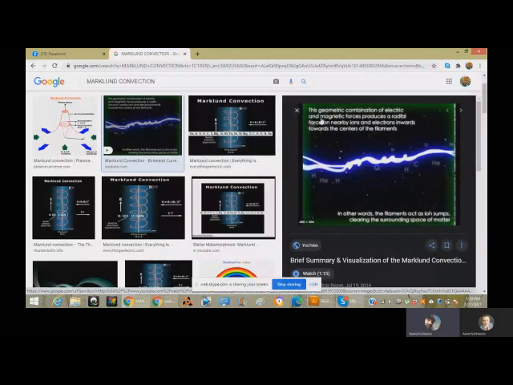The geometric combination of electric and magnetic forces produce a radial force on nearby ions and electrons inward towards the center of the filaments. In other words, the filaments act as ion sumps, cleaning the surrounding space of matter. So it pulls it in, like I was talking about in the Earth with the telluric currents, the rocks.